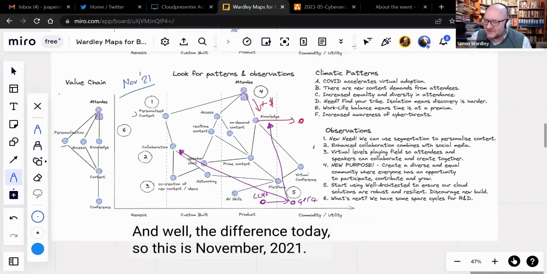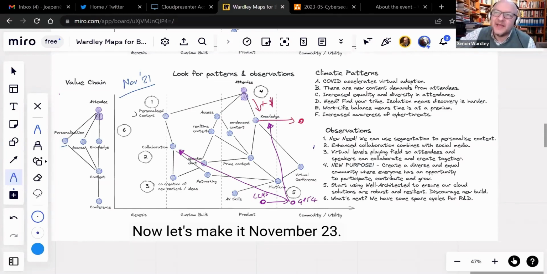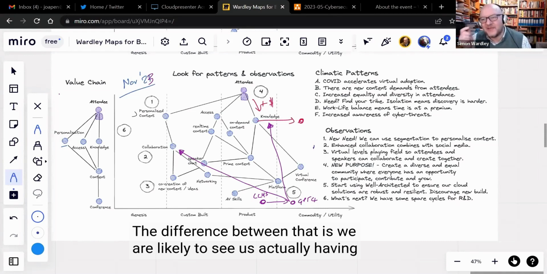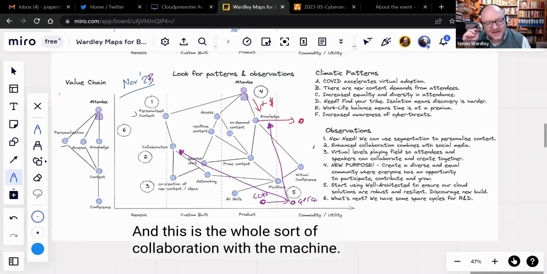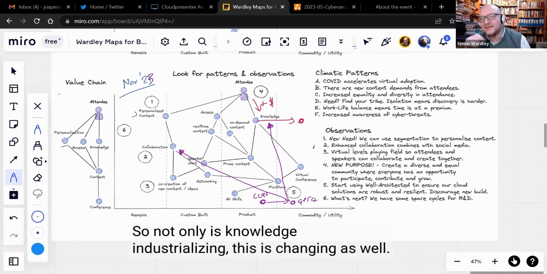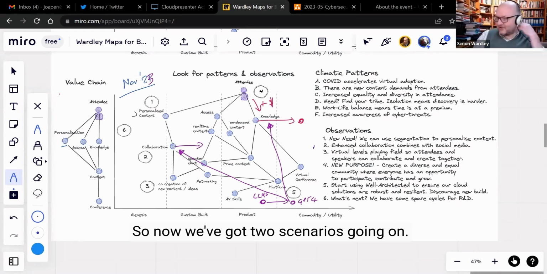And the difference today, so this is November 2021, now let's make it November 23, is that we are likely to see us actually having conversations with the machines. And this is the whole sort of collaboration with the machine. So not only is knowledge industrializing, this is changing as well. So now we've got two scenarios going on.